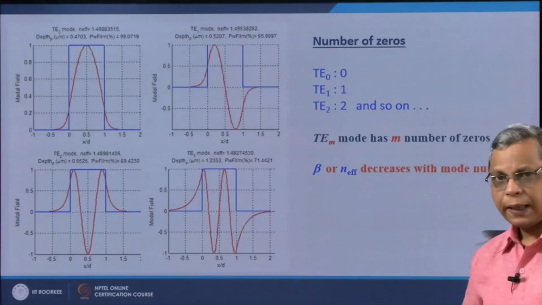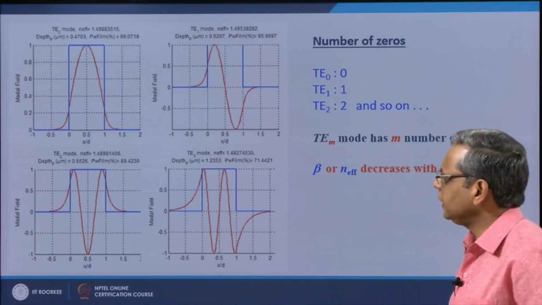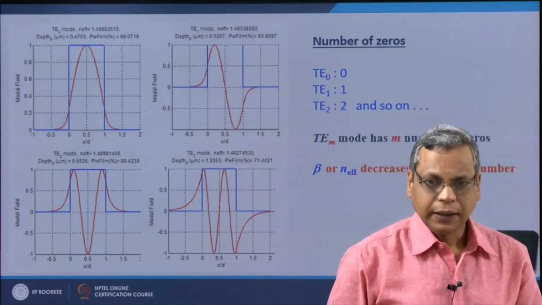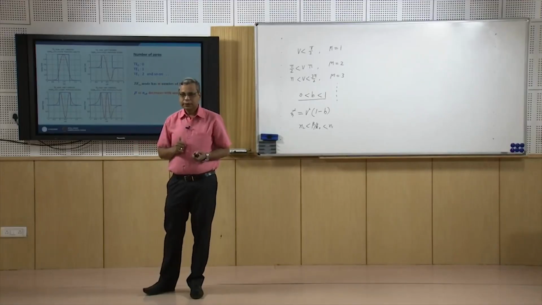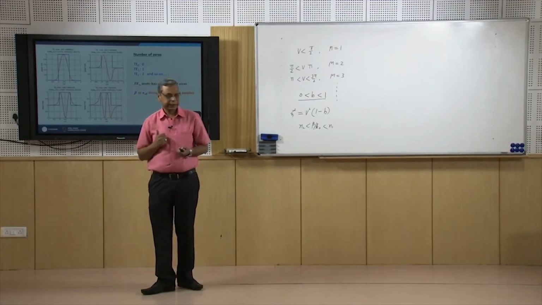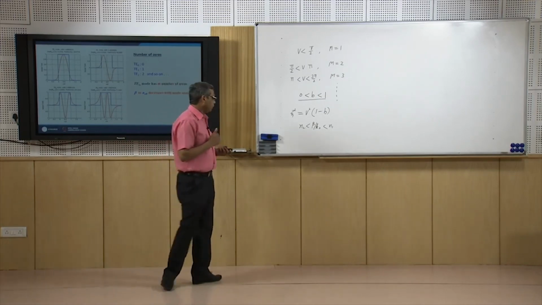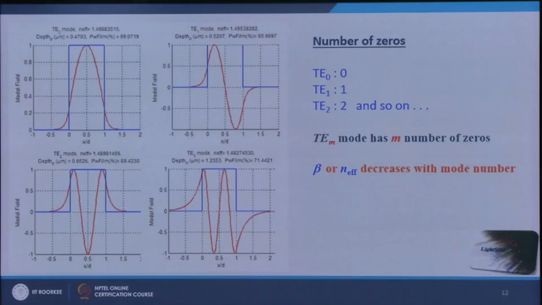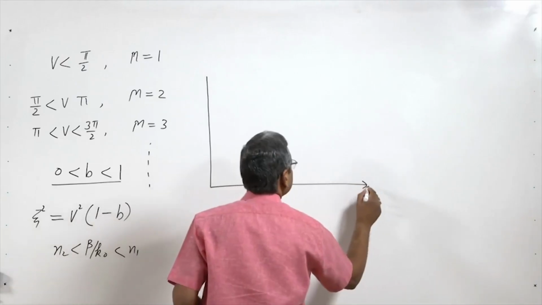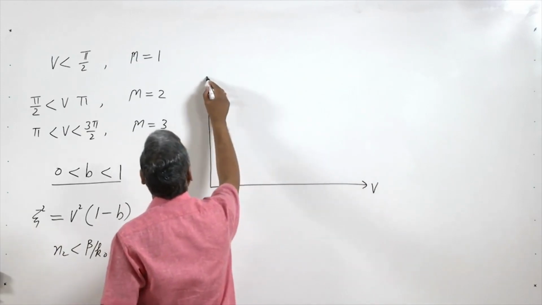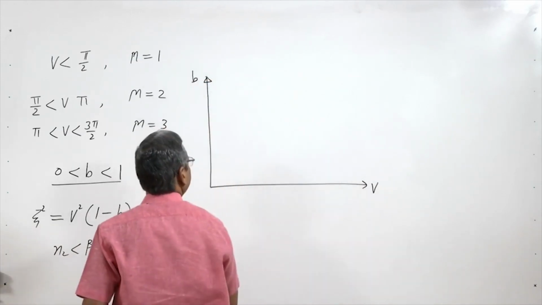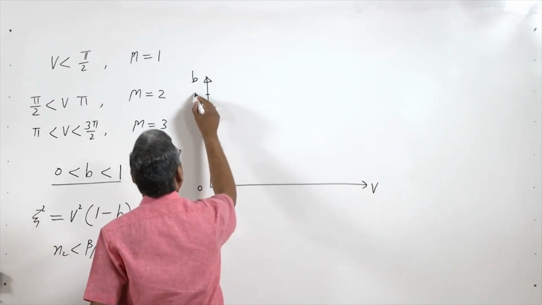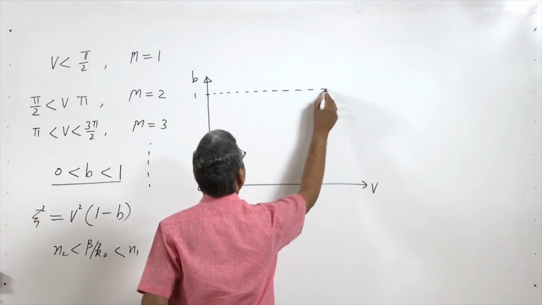Another thing that I see when I solve this is that with the mode number the propagation constant decreases. If you remember the BV curves, this is V, which is normalized frequency, and this is B, which is normalized propagation constant, and B always lies between 0 and 1 for guided modes.